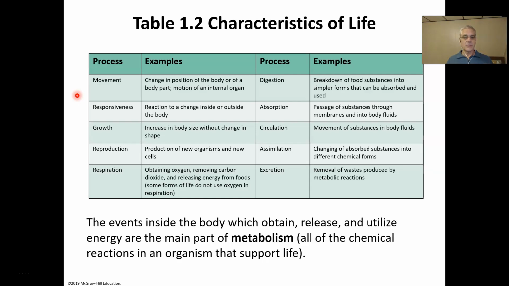Circulation simply means movement of fluids around the cells of the body. Assimilation, you can change absorbed substances into different chemical forms, right? You can see light, but light stimulates certain kinds of cells, certain kinds of receptors in your retina, in your eye, and that is converted into an electrical form.